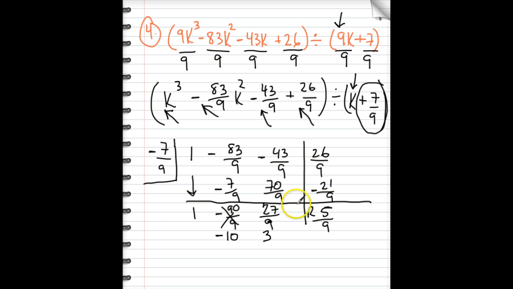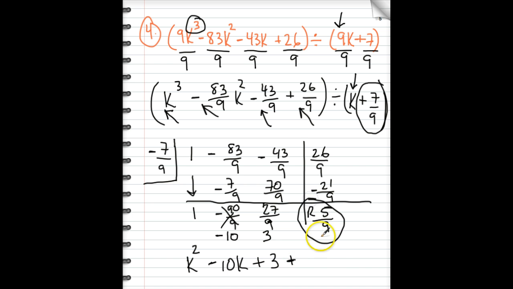Okay? So the original highest power was the third. That means our answer starts to the second. So we have 1k squared minus 10k plus 3 plus our remainder, which was 5 ninths.